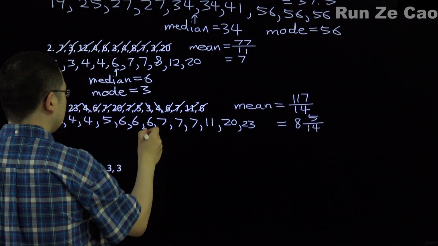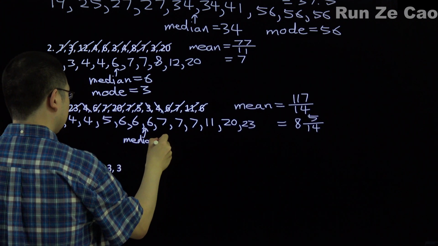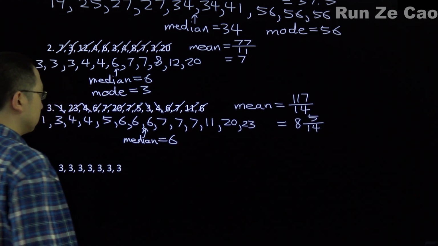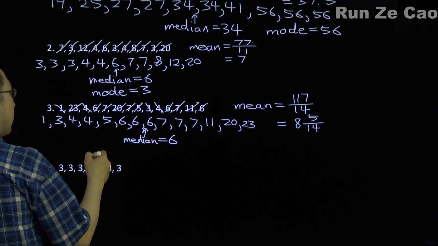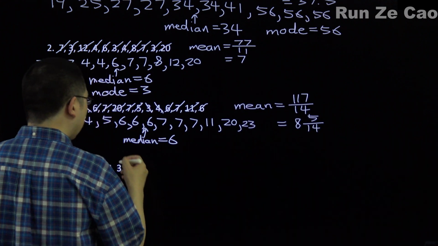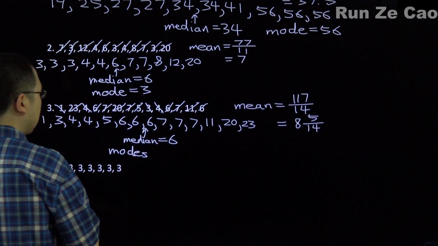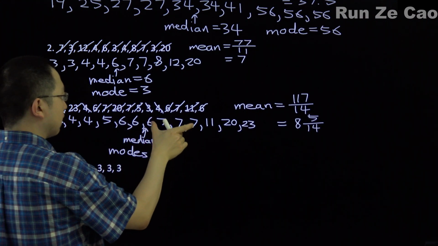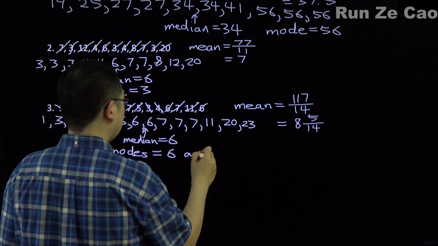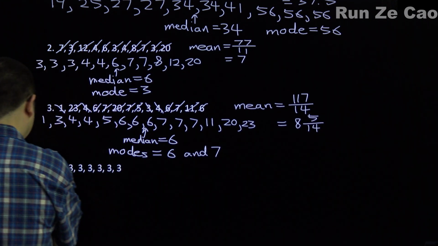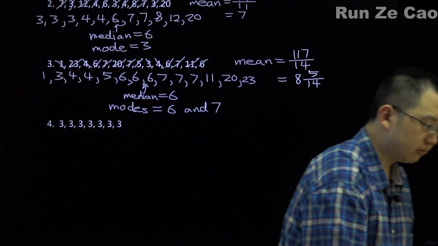Oh, hey. Median is once again the average of two identical numbers. Median equals 6. It's going to be between these two. Now the mode, there are two modes here, because there are 3 6s and 3 7s. 6 and 7.